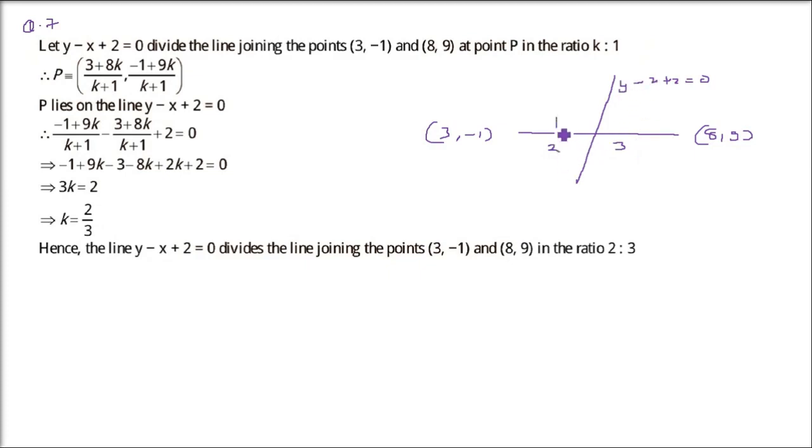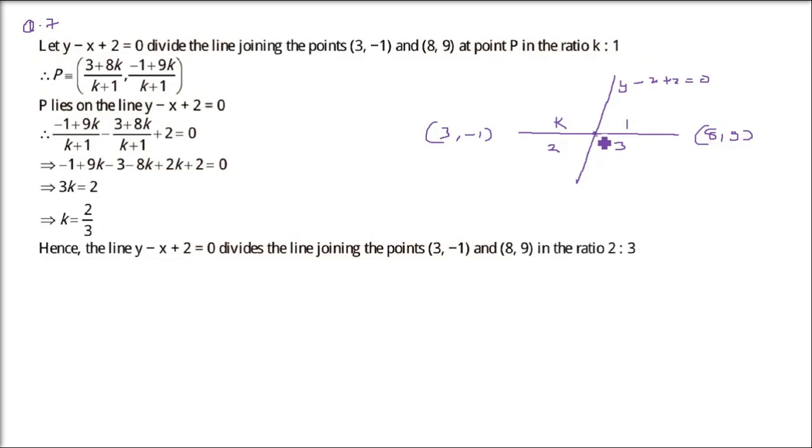So we assume that it is dividing it into k:1 ratio. And here, this point is lying on y minus x plus 2. So how to find this point? For that, we are going to apply the section formula. We know how the section formula works. We have k:1 as m and n.